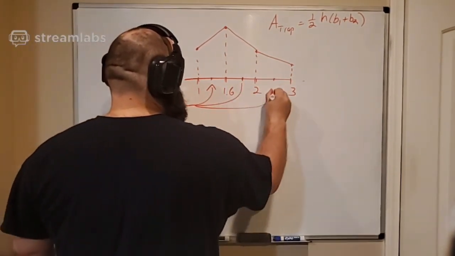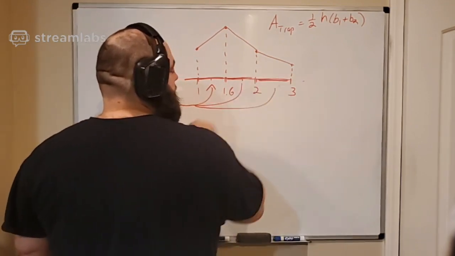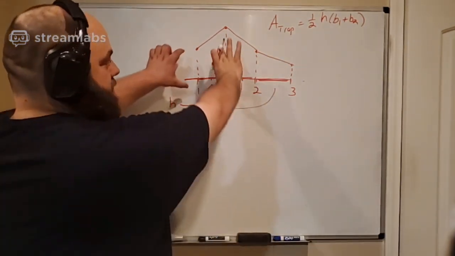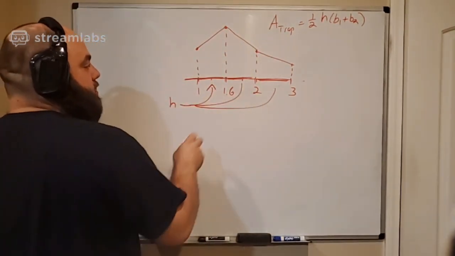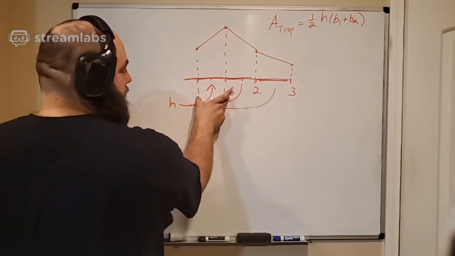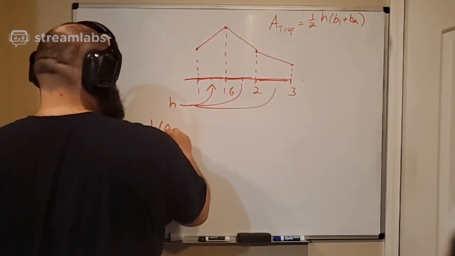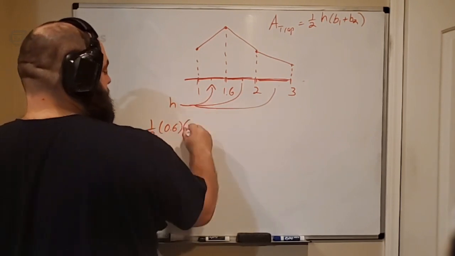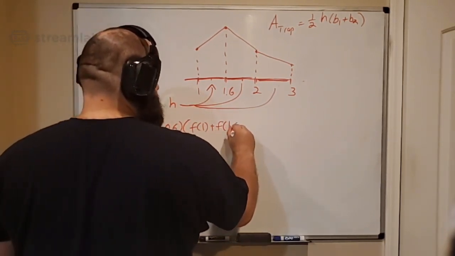In this case, your bases are the parallel sides. So the area of this first trapezoid has a height of 0.6, so 1/2 times 0.6, base 1 is f of 1 plus base 2, which is f of 1.6. So this is your trapezoid number 1.